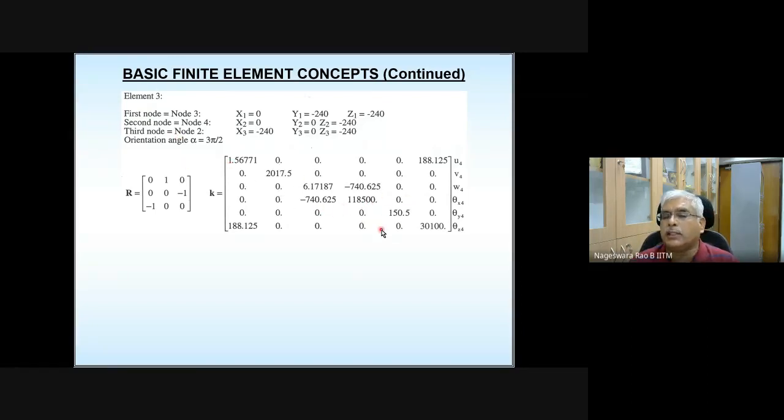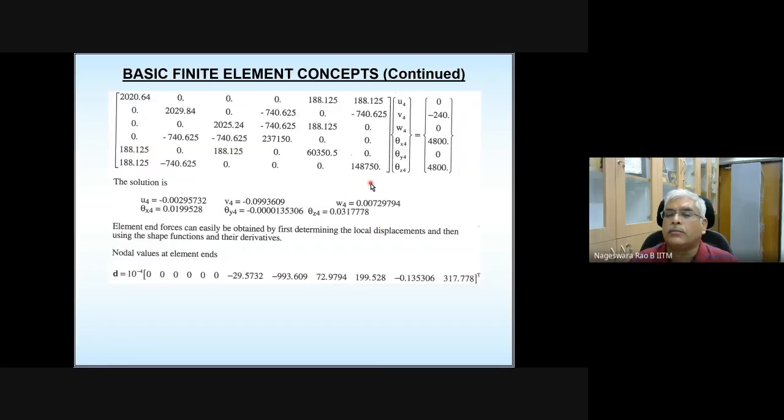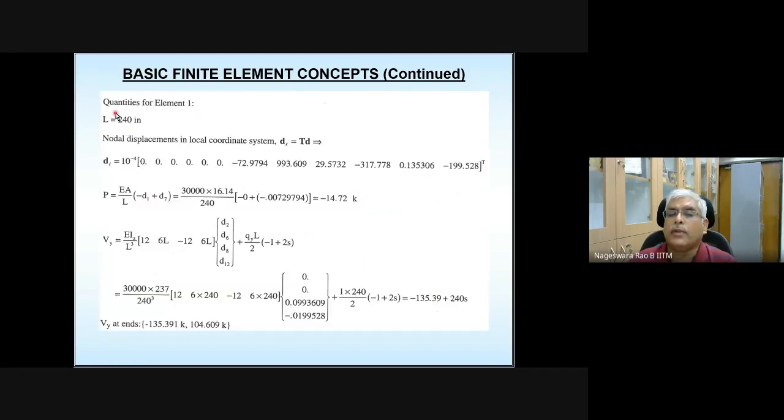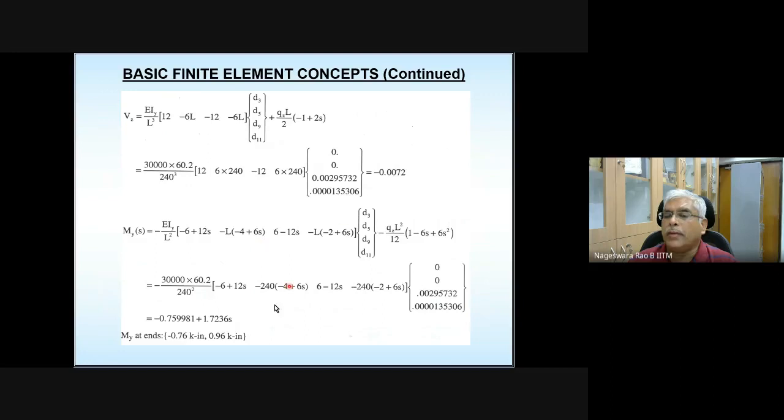Once you have all this, you can solve the equation system for the unknowns. Once you solve for the unknowns, go to each of the elements and get the local degrees of freedom using the relation dl is equal to T transpose d, and then determine whatever quantities you want: axial force, shear forces, moments, and you need to use sign conventions.